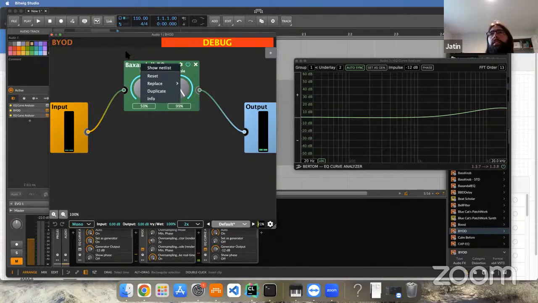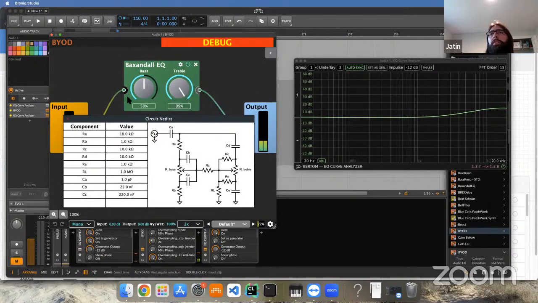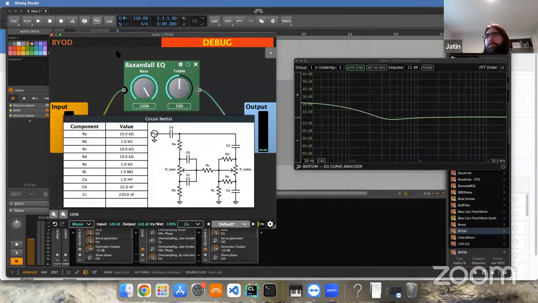So let's see, show net list. Right now CA, CB, and CC are the ones we're going to be dealing with. So CA, what if we make it 1 pico? Everything goes away. What if we bring it back? Okay, it comes back. What if we do some phase boosting?